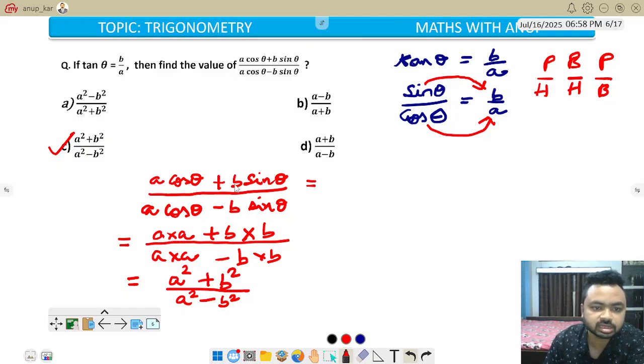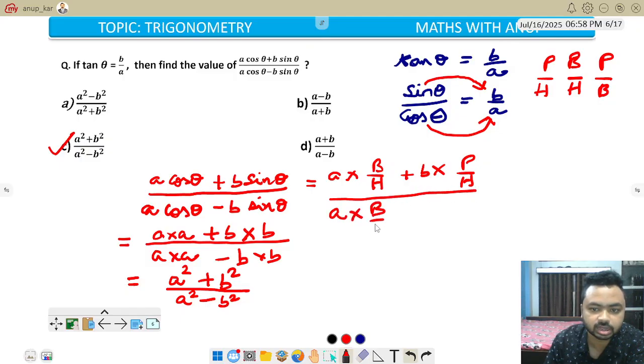So this is my technique to find out the trigonometric ratios. Here you can see that in place of cos we can write it down as base by hypotenuse, plus b into sine, which is perpendicular by hypotenuse, and here a into base by hypotenuse minus b into perpendicular by hypotenuse.